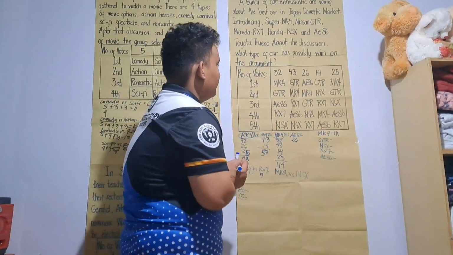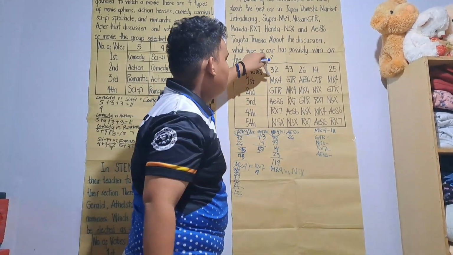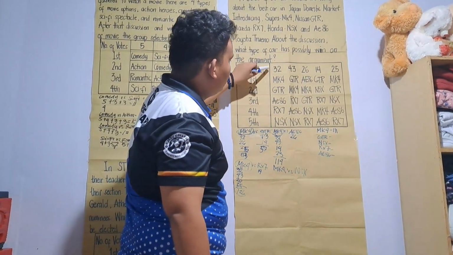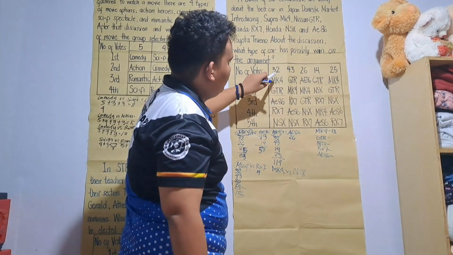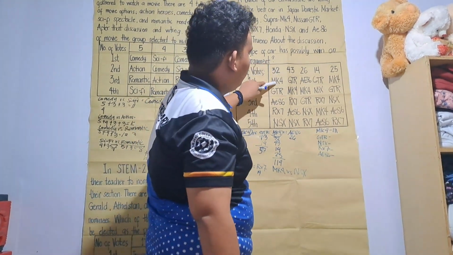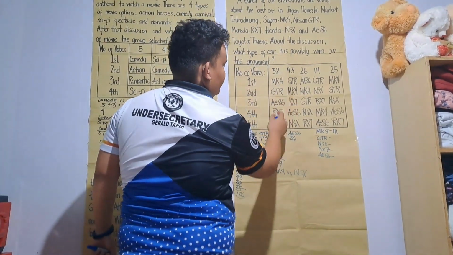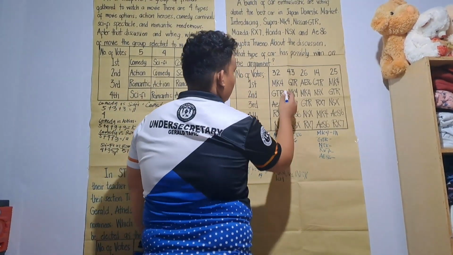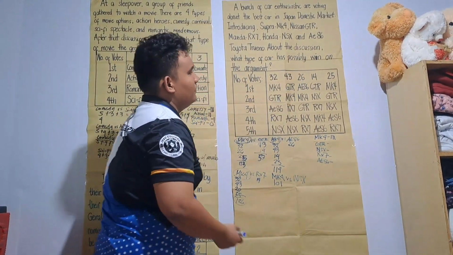So the table above, in the first, second and third columns, the total of 32 plus 43 is 75. Then 101 votes goes to MK4 because in the three columns MK4 is first than NSX. So 32 plus 43 is 75 plus 26 is 101.